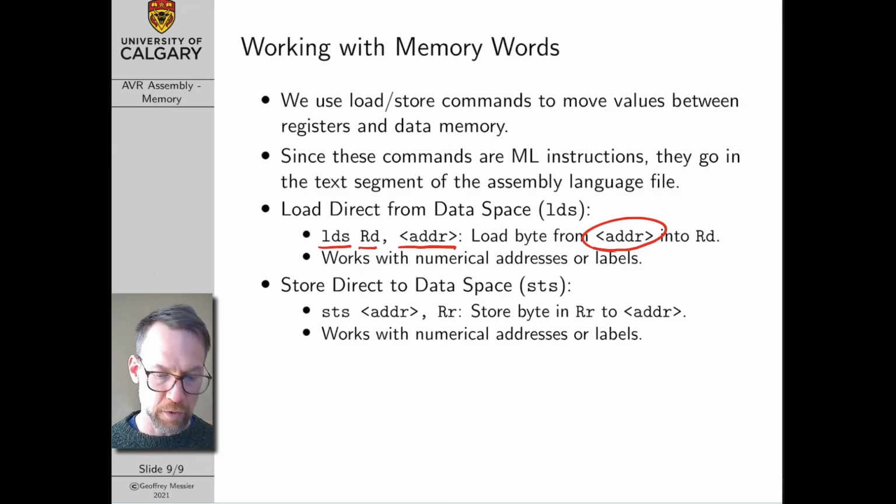And I'll show you how that works. The second command is store direct to data space, or STS. STS is the store version of LDS. So the command is STS, then we give it an address, and then we give it the name of the register that we're trying to copy to that particular address. And this address can be a numerical address or it can be a label.